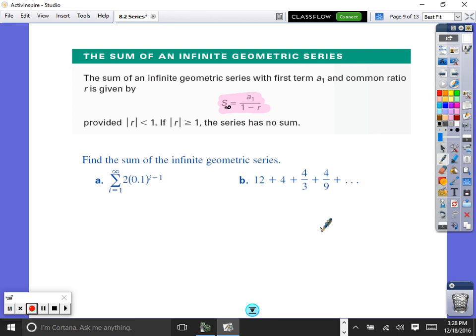And this will only work if the absolute value of our ratio is less than 1. Because if I have a ratio greater than or equal to 1, I have a fraction that's unexplainable here. So if the absolute value is greater than or equal to 1, there is no sum. I must have decay. If I am continually growing infinitely, I can never find an end to that.